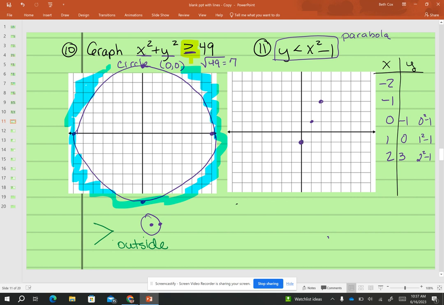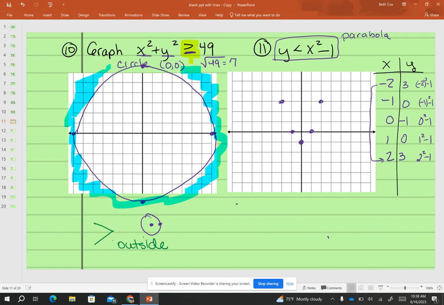This does not look right. It's because (1, 0) is here. There we go. Sorry. And then if I plug in -1, -1 squared minus 1 is going to be 0. And then -2 squared minus 1 is also 3. Notice those match. They're supposed to match.